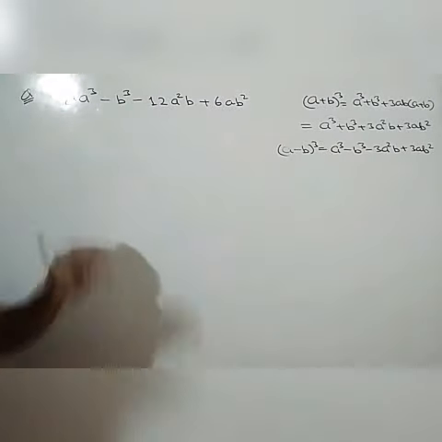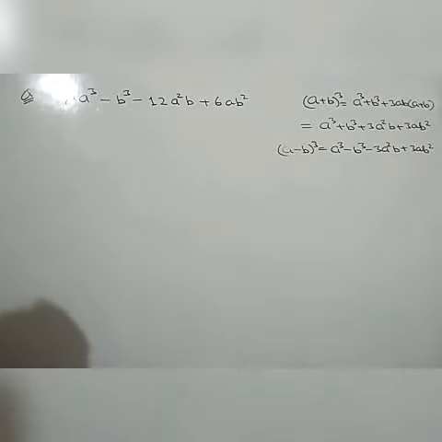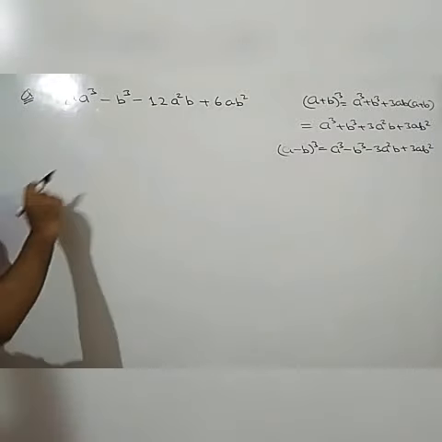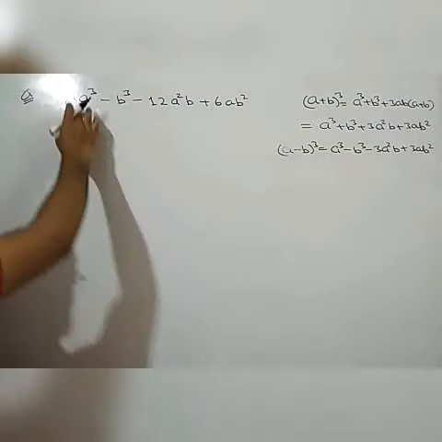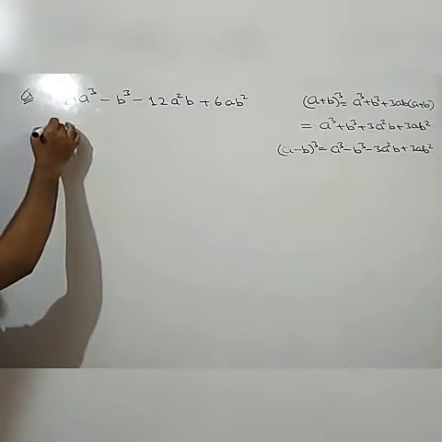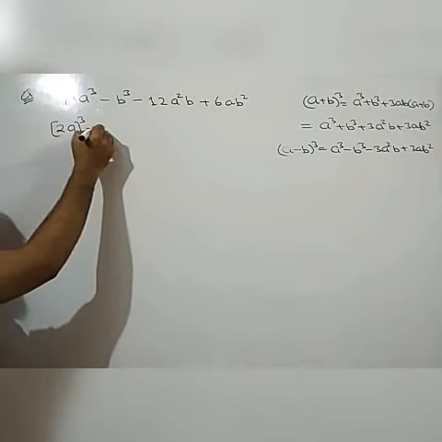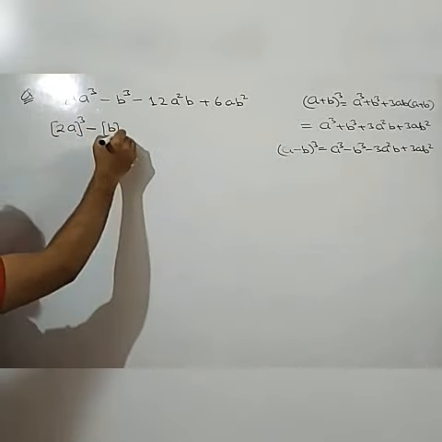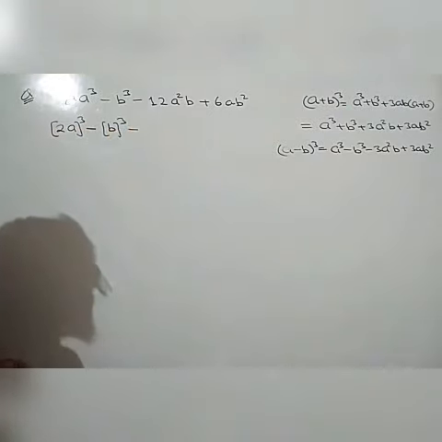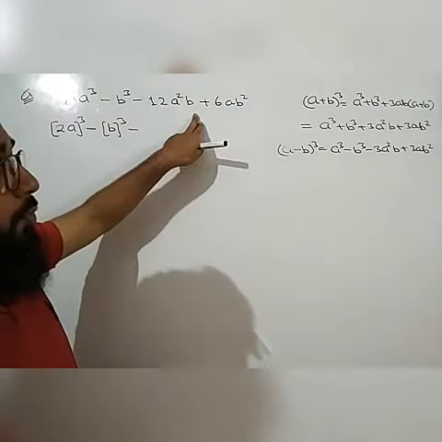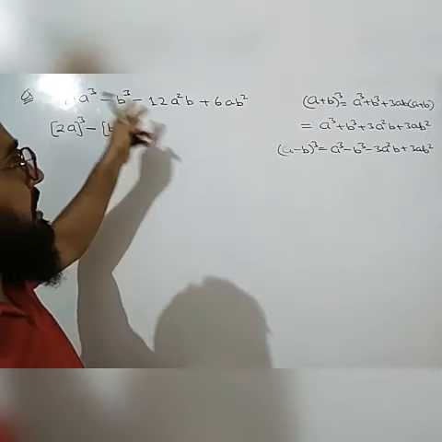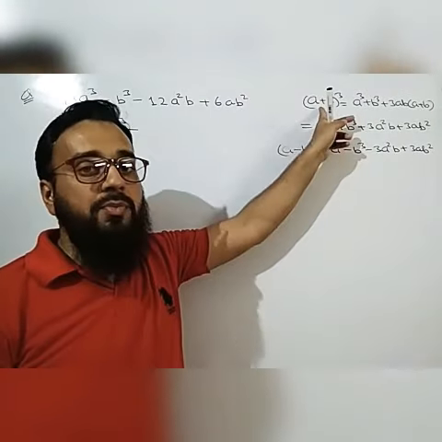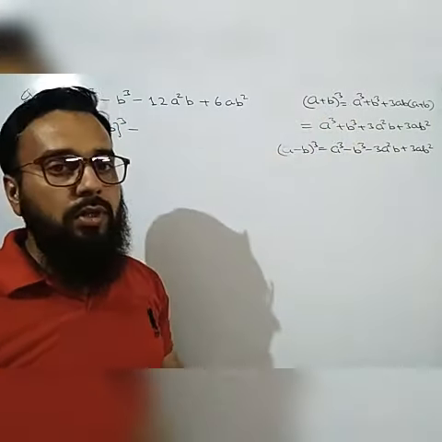Now coming to the question. So what is the question? First we can convert all the terms in terms of whole cube. So 8a cube can be written as 2a whole cube, minus b whole cube, minus... Now, since there are four terms, we can understand that these four terms can be converted in terms of either a plus b whole cube or a minus b whole cube.